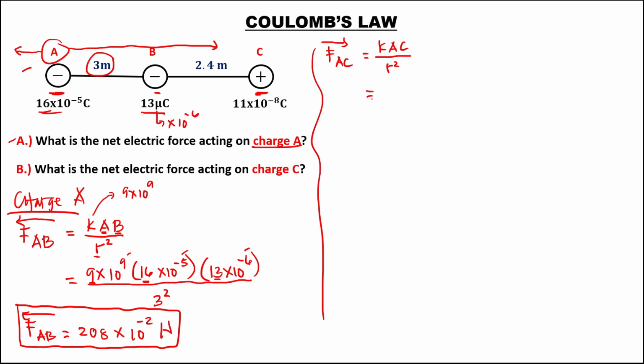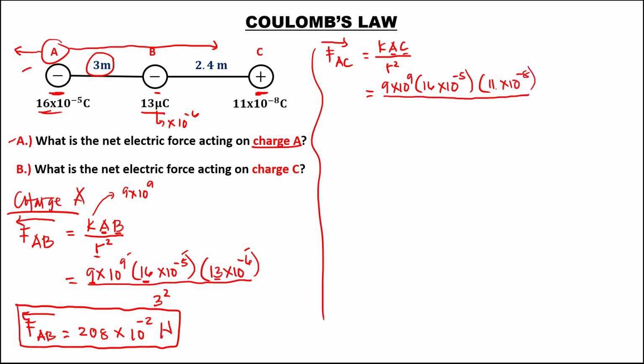Then substitute now the values. For Coulomb's constant, this one is 9 times 10 to the power 9, times charge A, which is 16 times 10 to the power negative 5, times charge C, that's 11 times 10 to the power negative 8.